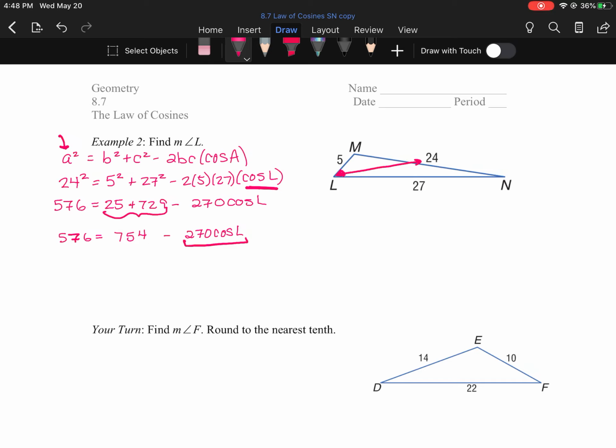All right, so I'm going to subtract 754 from both sides, and I end up getting negative 178 is equal to negative 270 times the cosine of L. Now that that term is by itself, I can divide both sides by negative 270.